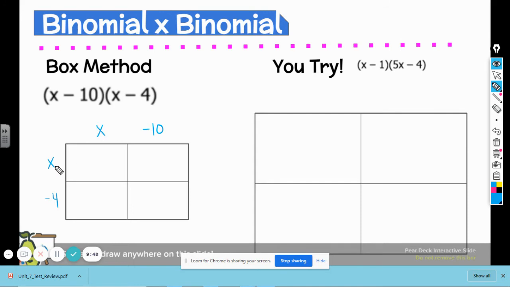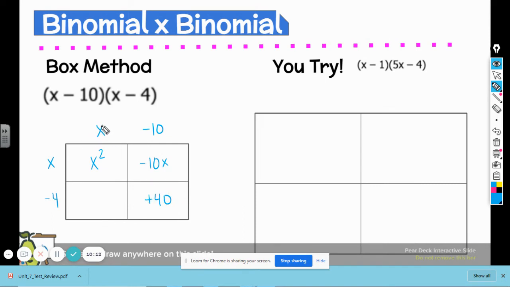So x times x is going to be x squared. Now I do x times negative 10. So negative 10x. That's what goes in the box. Now, negative 10 times negative 4 is going to go in this box. So negative 4 and negative 10 is a positive 40.